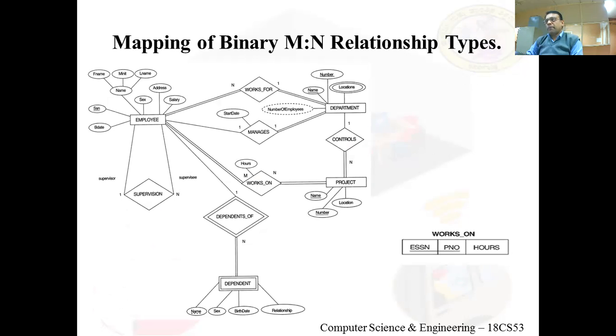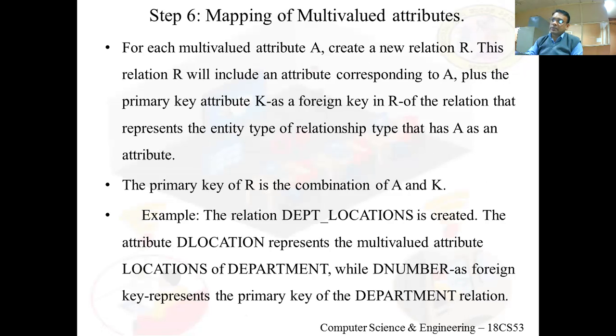Mapping of binary M:N relationship step is over, and the next step is step number 6, mapping of multi-valued attributes. In an ER diagram, we have to identify a multi-valued attribute. Let's say, for example, that multi-valued attribute is A. For these multi-valued attributes, we have to create a new relation R. So let us go to the ER diagram later.